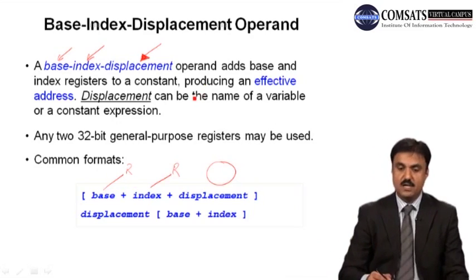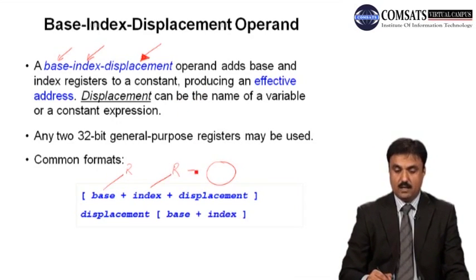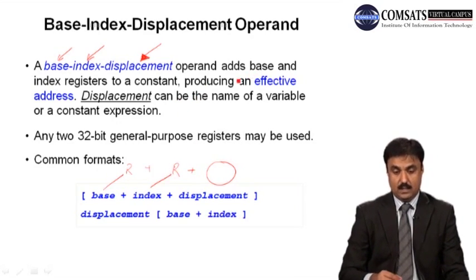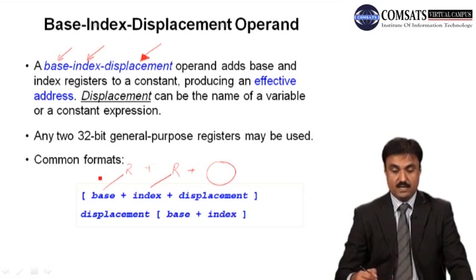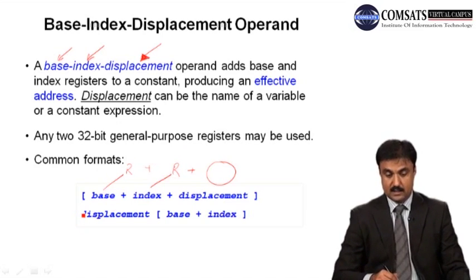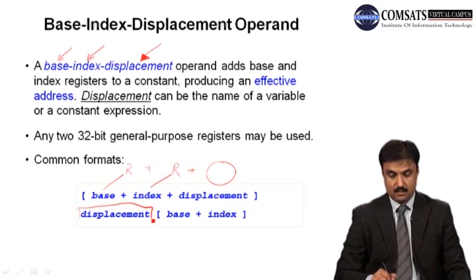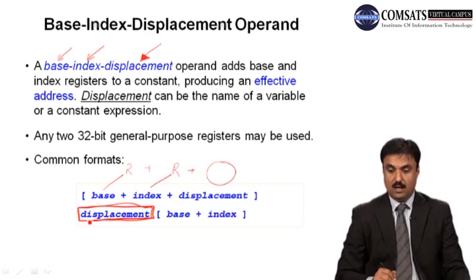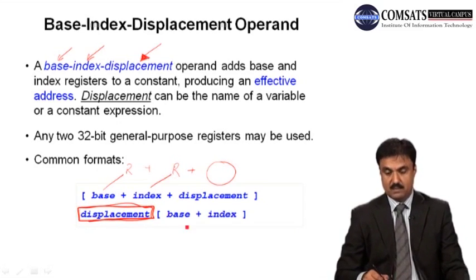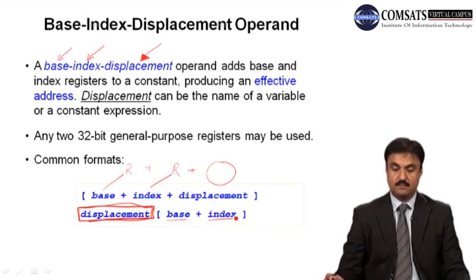How can we use this? Here you can see that the 32-bit general purpose registers can be used for base, for index, and so on. The common format is displacement, which can be the name of a variable, plus base, plus index.